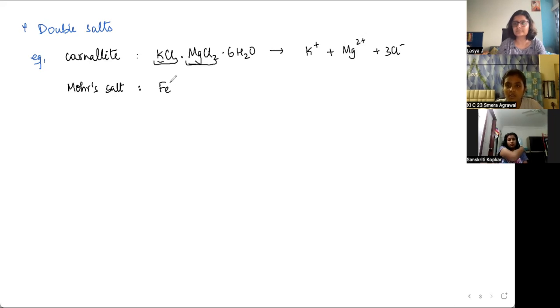FAS we call it commonly. Ferrous ammonium sulfate. Sulfate makes sense. Did you do it in practicals? Oh, you did. Yes, titration of FAS. So that's a double salt because you have two different salts there. You have ferrous sulfate and ammonium sulfate.